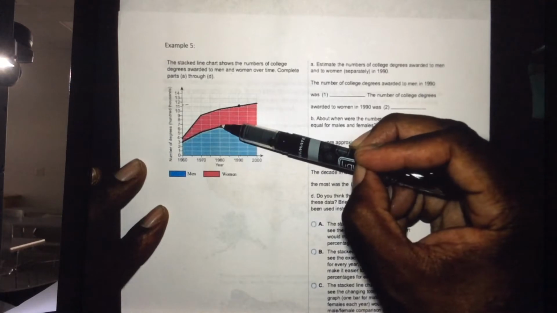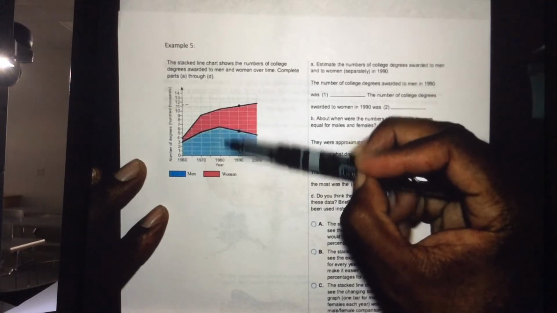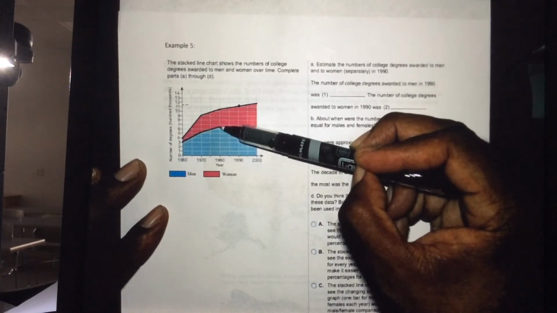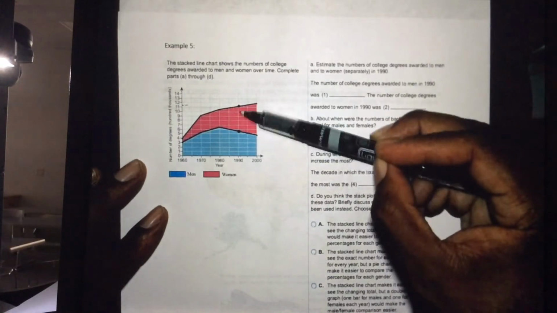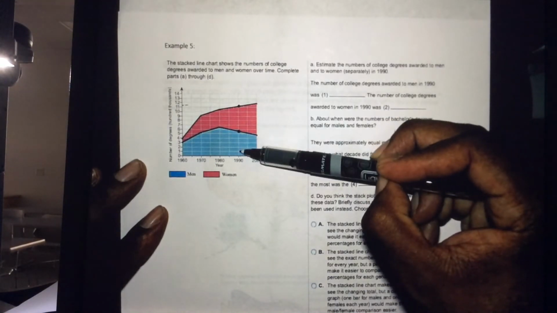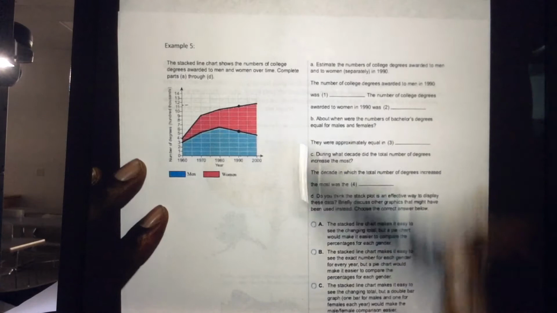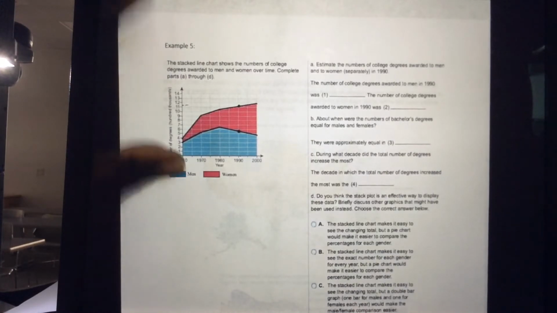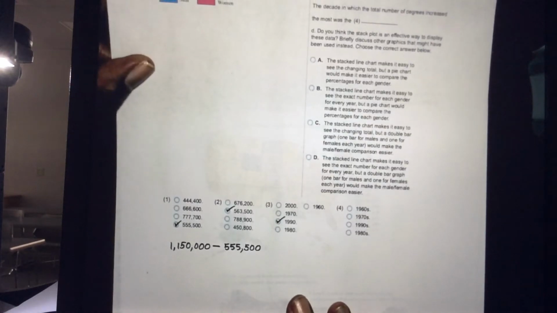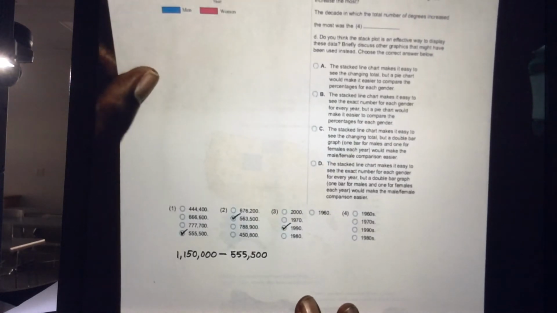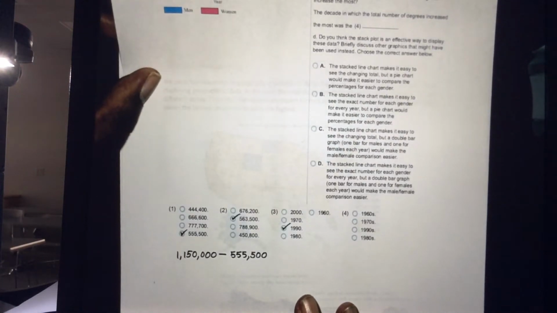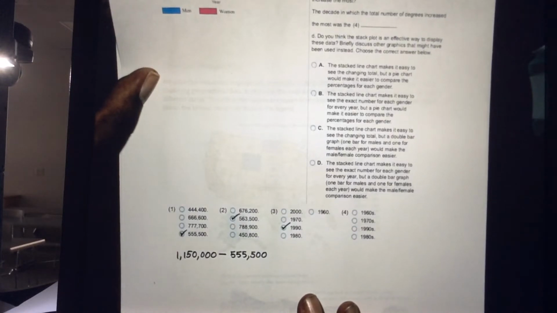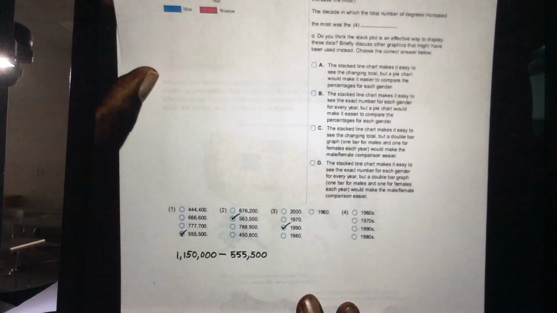And then this started to pick up, but here you can see more men than women with bachelor's degrees. But here, in 1990, they're about equal. So we're going to say around 1990, they were approximately equal. Okay, that's when the number of bachelor's degrees were equal for males and females.